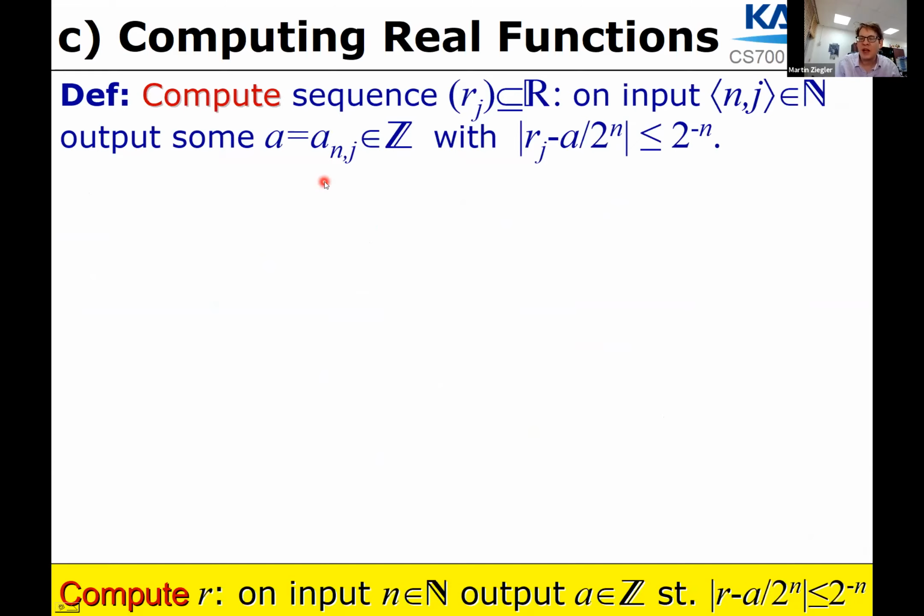And real number values, we already have a definition for that, namely outputting an infinite sequence of rational approximations, more precisely integer numerators of dyadic approximations up to error bound 2 to the minus n, and extending that from mere output of a single real number value to transformation of a real function means to have both such a sequence of dyadic rational approximations for input and for output.